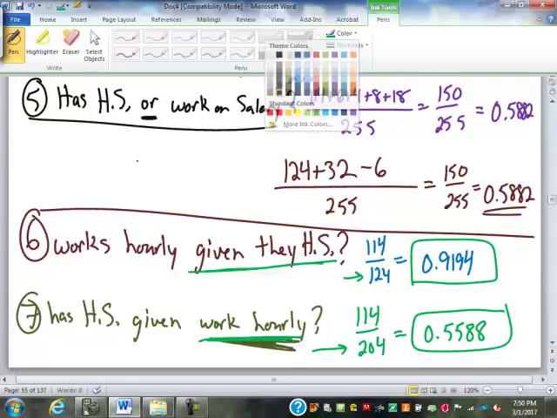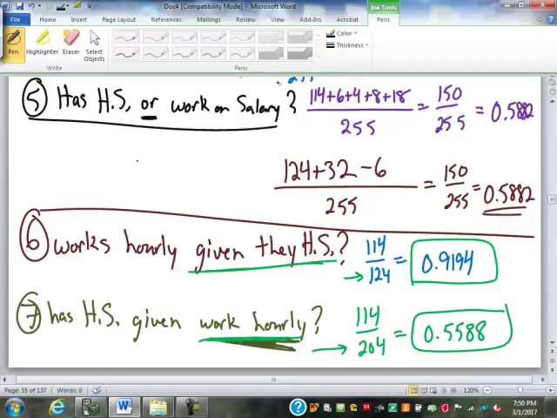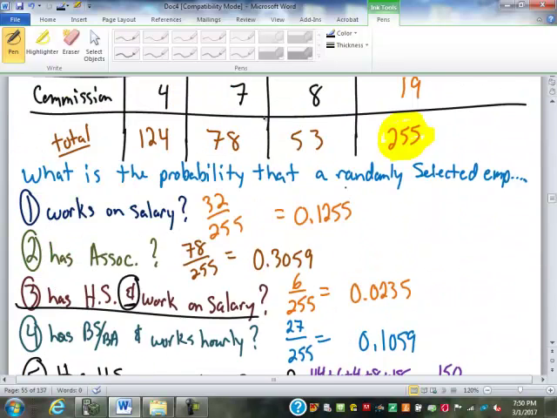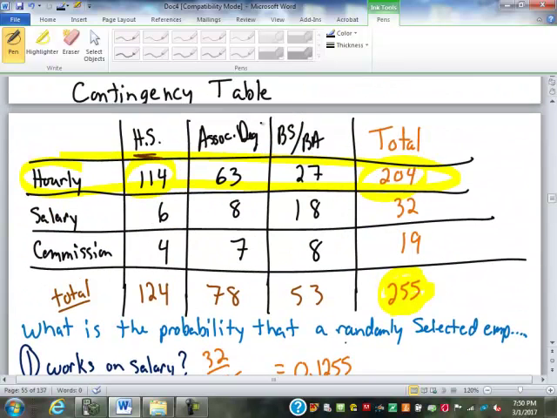Any questions? Being able to pick numbers out of a table like this is very important. What we did here is just touching on it. This is the probabilities and stuff like that. There's way more you can do with one of these tables. This contingency table here is a very powerful tool.